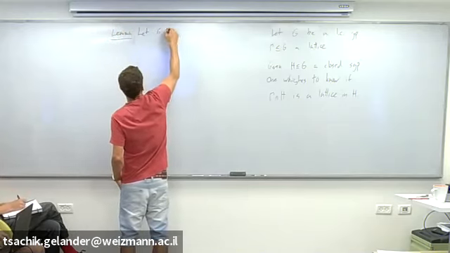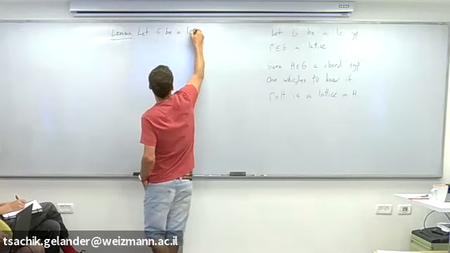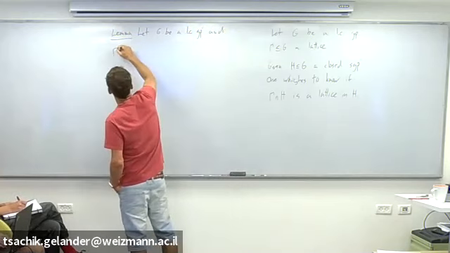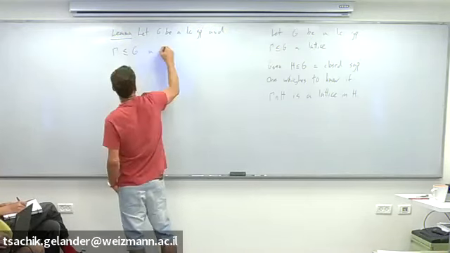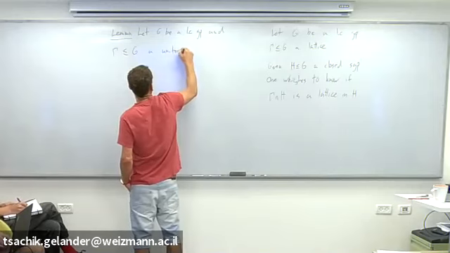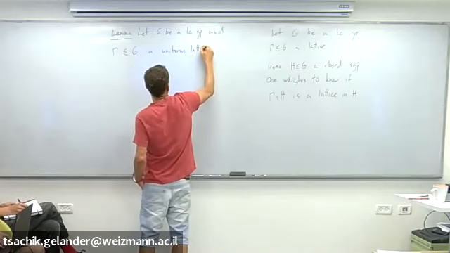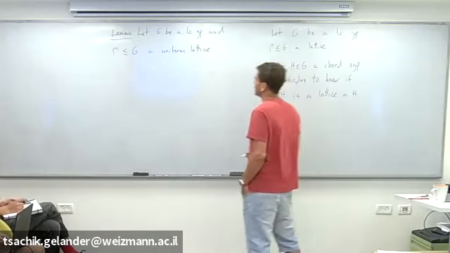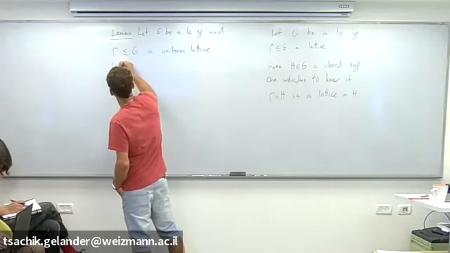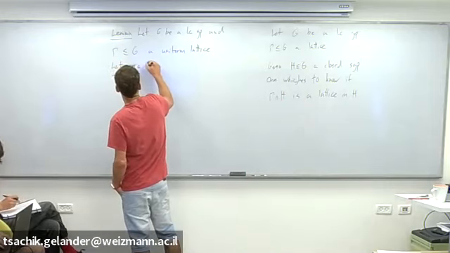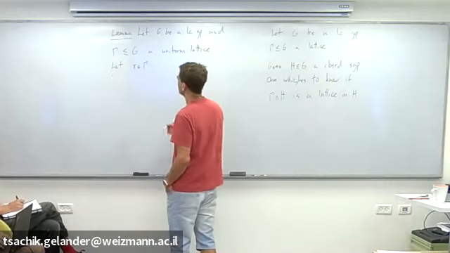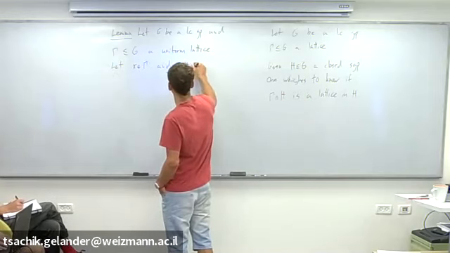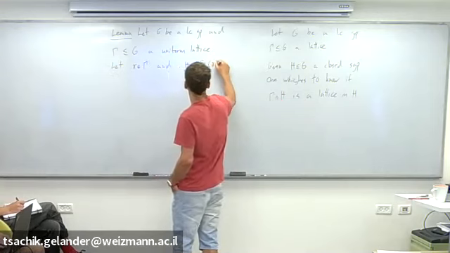Let G be a locally compact group, and gamma in G a uniform lattice. Let gamma be in gamma, and H be the centralizer of gamma.